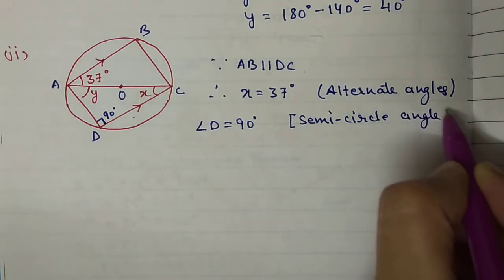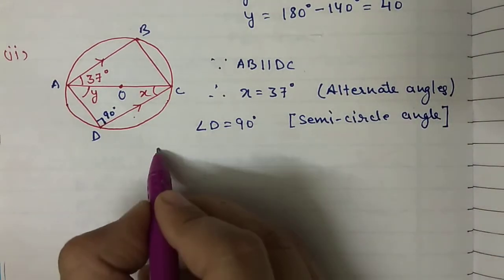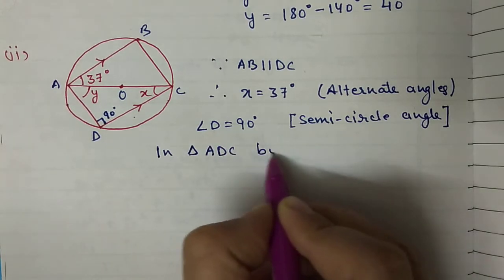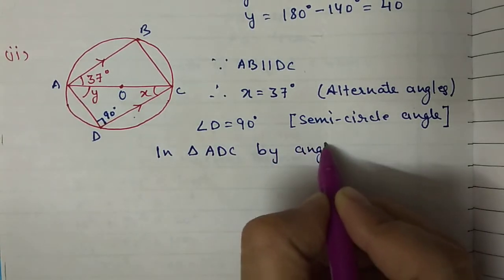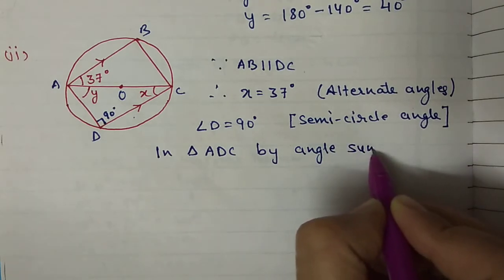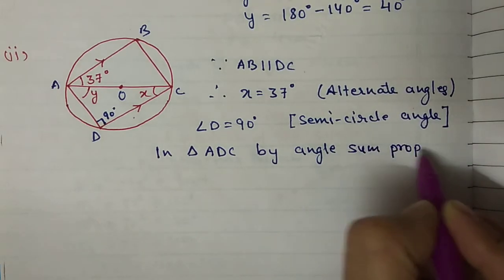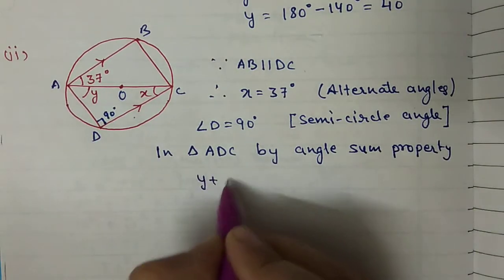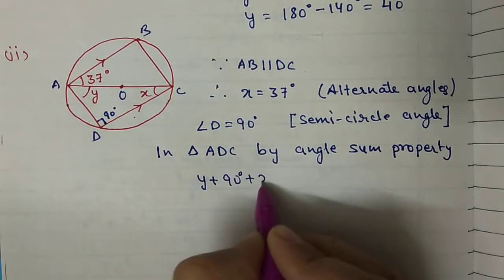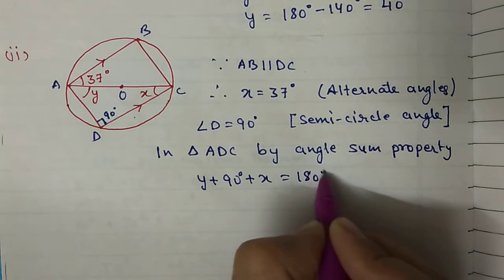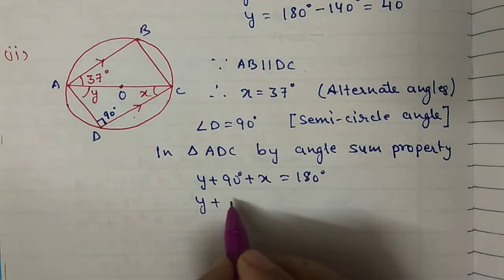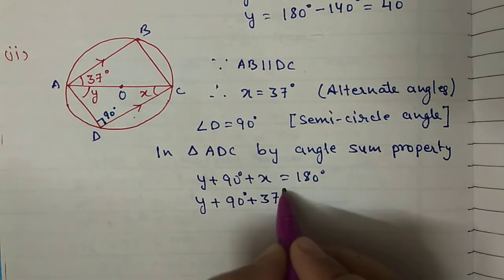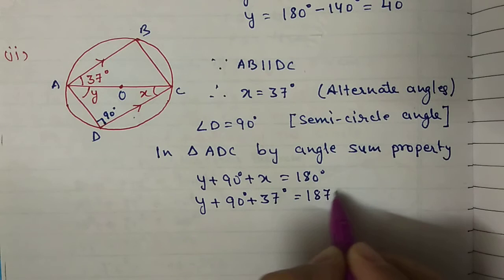Then we can use the angle sum property here. So in triangle ADC, by angle sum property, the value of all three angles y plus 90 plus x will be 180 degrees, and y we have to find out. 90, x value is given 37, equal to 127.